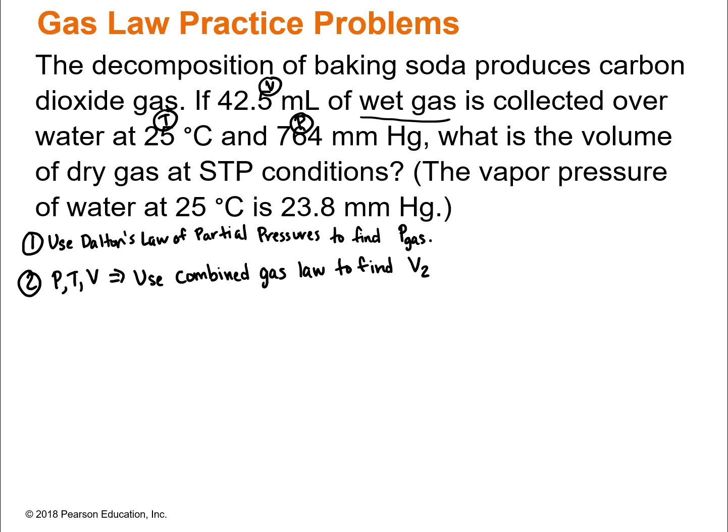So I highly recommend that you put together a plan of how you're going to get from point A to B before you start writing out numbers and doing math on your calculator, because it's very easy to get lost.